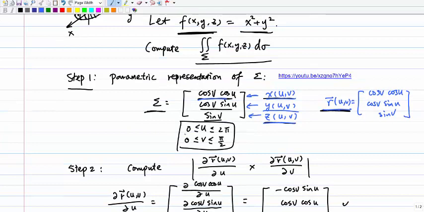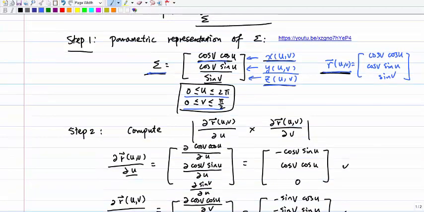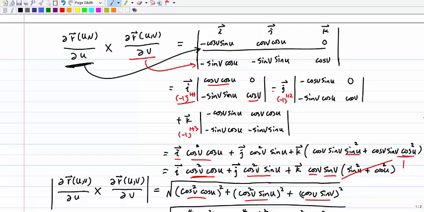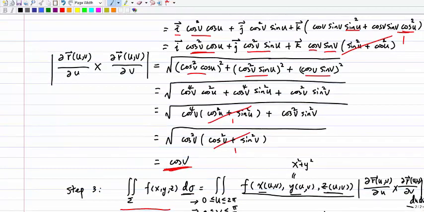Also, we have to figure out the lower bound and upper bound for the variables u and v. That defines the surface. After doing that, we can use this vector r of u and v, compute the partial derivatives first, then compute the cross product, and then compute the norm. It can be a little bit lengthy over here.